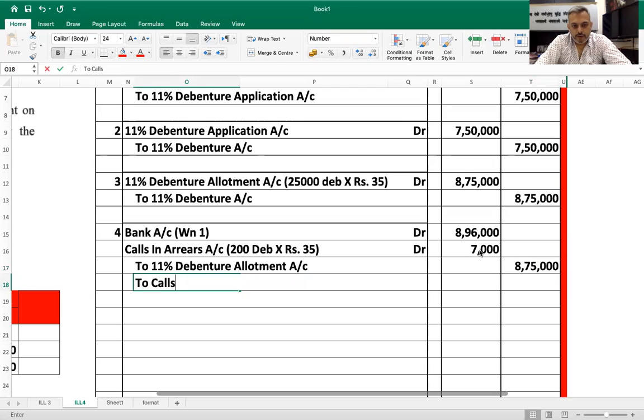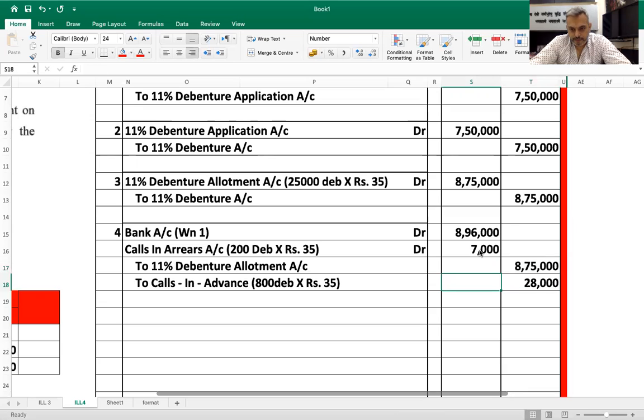And to calls in advance. Again, I'll write in bracket: advance we received for 800 debentures into rupees 35 per debenture. So 28,000.